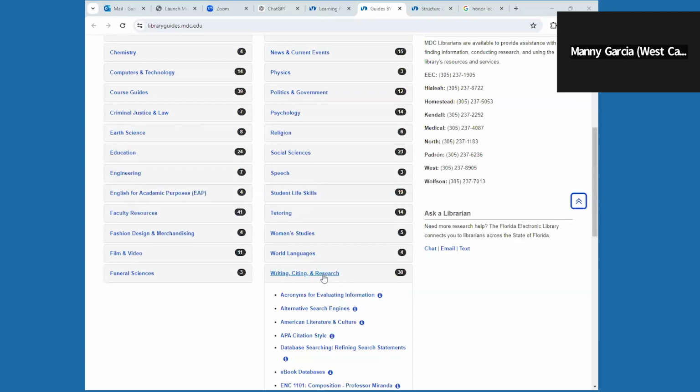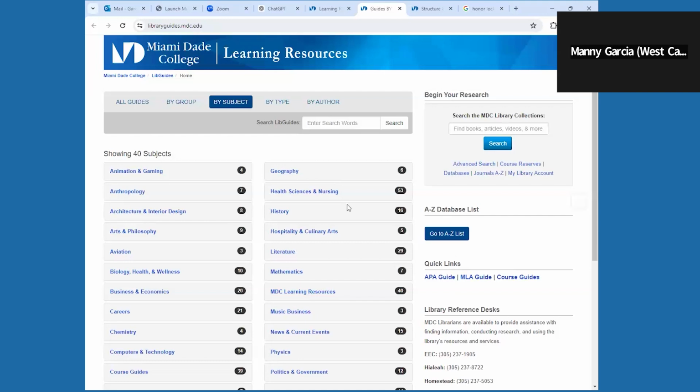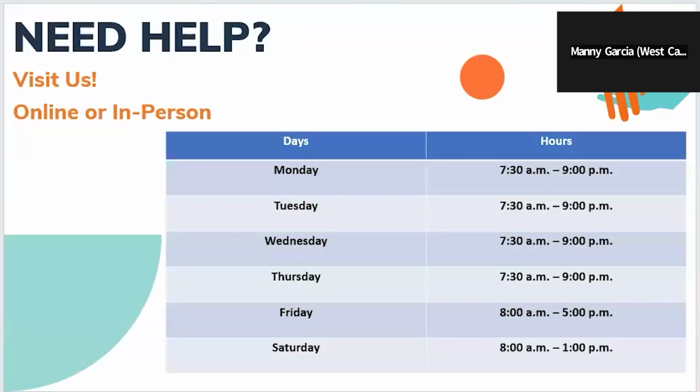Okay, so the writing, citing, and research section is going to tell you everything that you need. And then once you click on those LibGuide tabs, they will take you to where you got to go. So let's stop sharing that. We'll go back to the PowerPoint, and we'll pretty much be wrapped up for the day.